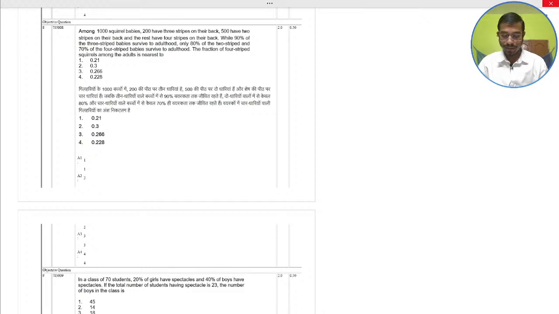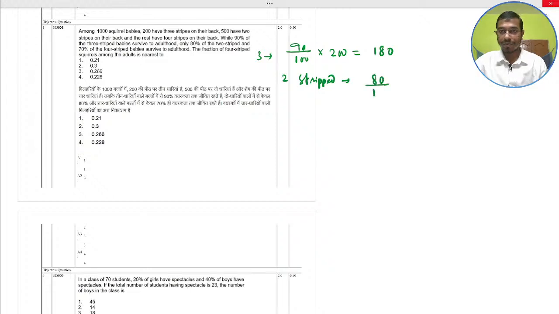So here the number of 3-striped squirrel babies that survive to adulthood is 90 by 100 into 200, because 200 have this, so 180. Next, the number of 2-striped is 80 by 100 into 500, so that would be 400.